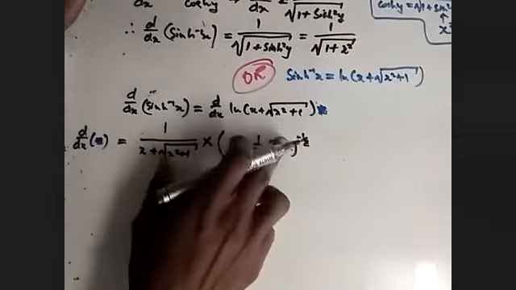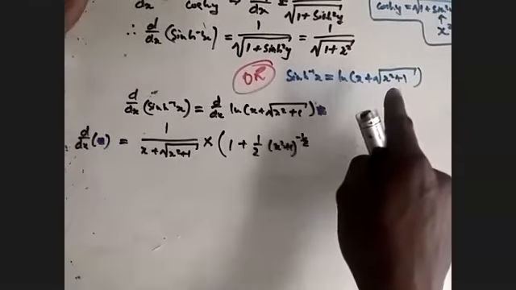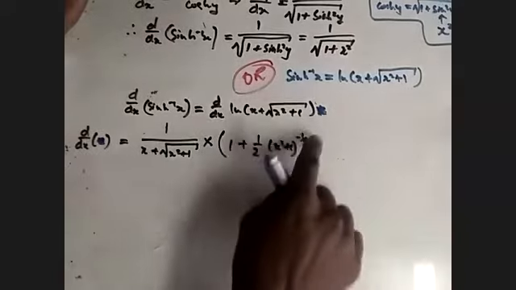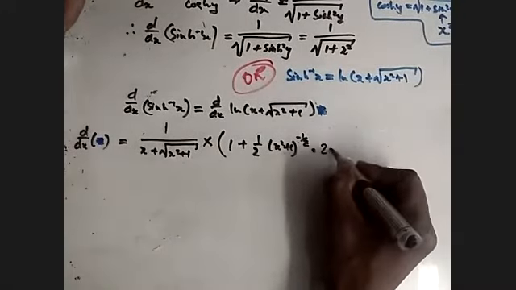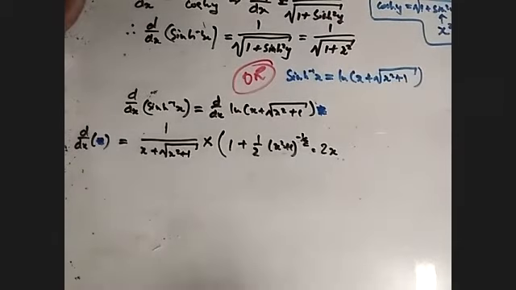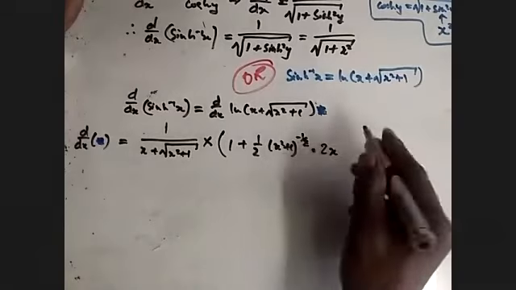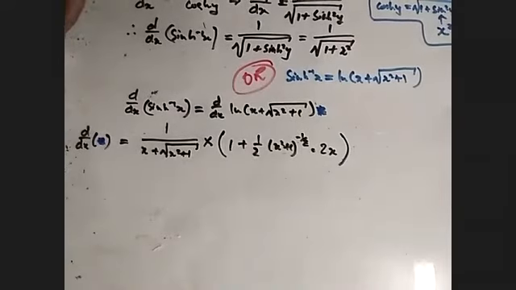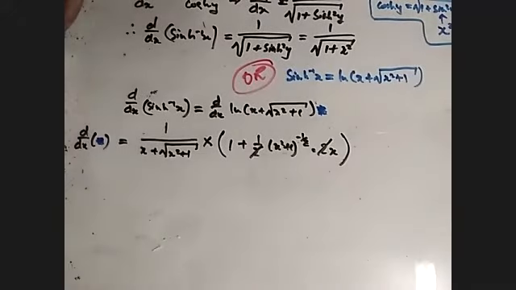Why does it become negative 1/2? Because this can be written as x squared plus 1 to the power of 1/2 minus 1, which becomes minus 1/2. Then multiply by the derivative of the inner function, which is 2x. So we can just leave it. Yeah? And then you are going to have this, and that will give you 1.